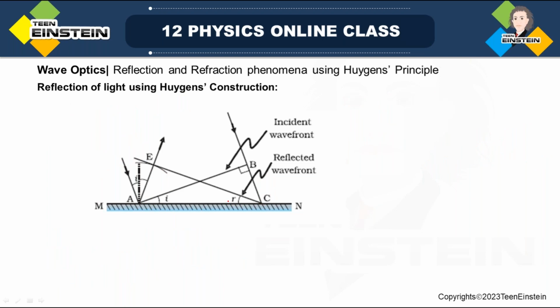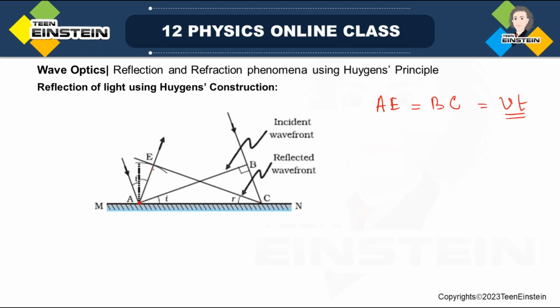See, by the time B goes to C, secondary wavelets produced by point A will reach up to point E. So we can say that AE is equal to BC, because if the speed of light in this medium is, say, v, then both are traveling for time t, so vt is the same for both.